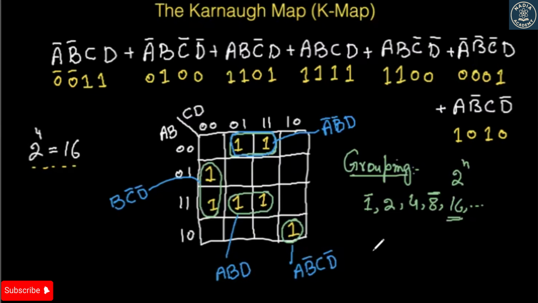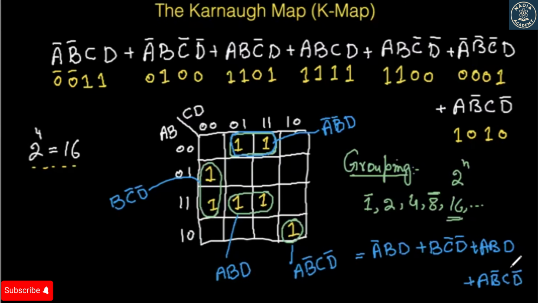So for this expression, where we have 1, 2, 3, 4, 5, 6, 7 product terms, our simplified expression will be A bar, B bar, D plus B, C bar, D bar plus A, B, D plus A, B bar, C, D bar.